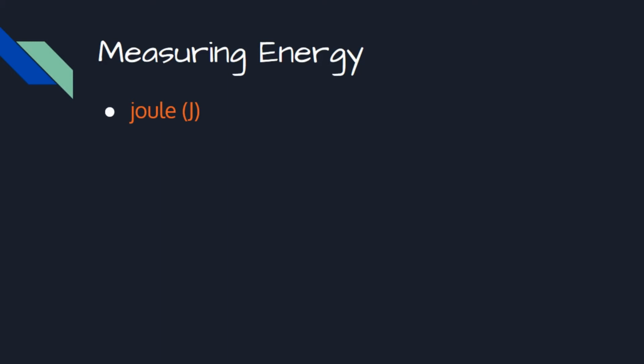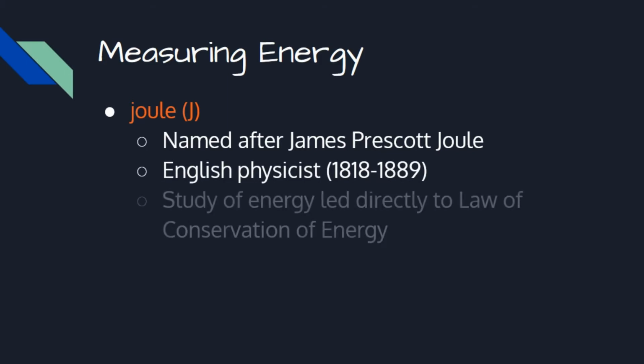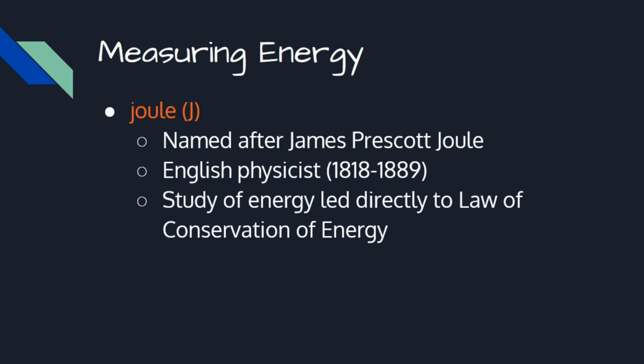This unit of energy, the joule, was named after James Prescott Joule, who was an English physicist in the 19th century. His study of energy led directly to our understanding of the law of conservation of energy. And so we named the metric unit of energy after him. Again, the joule, capital J.